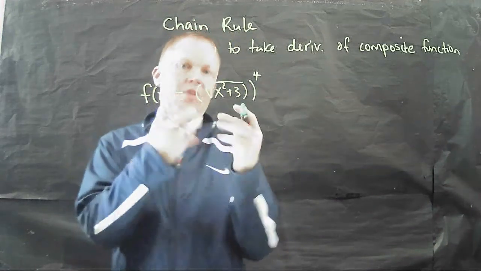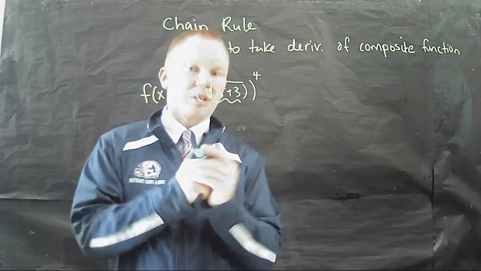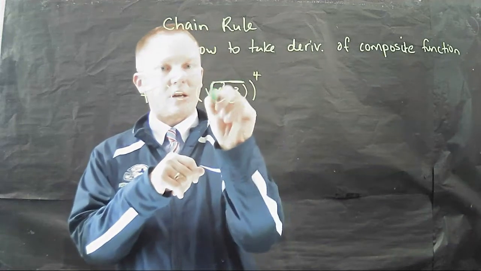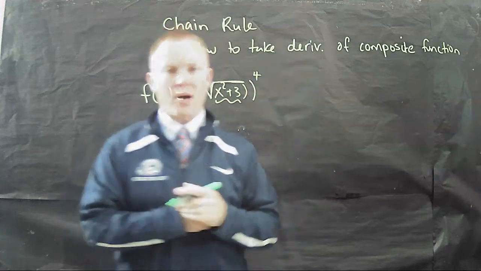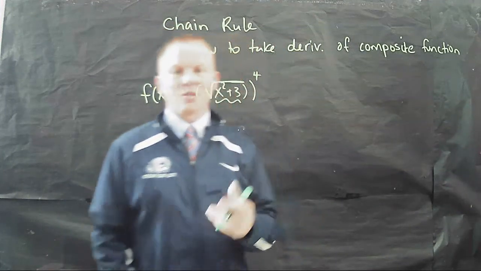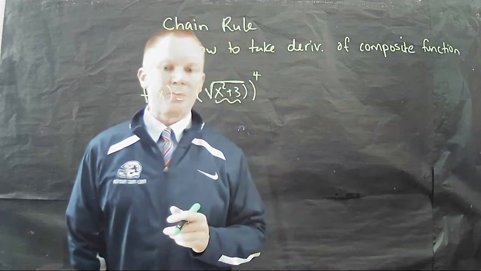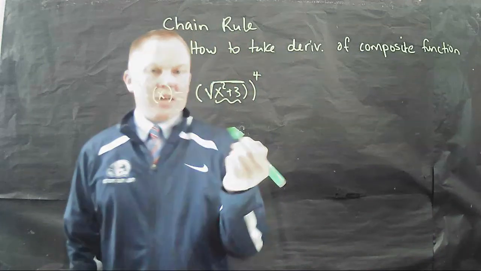In fact, you've got x squared plus 3 inside a square root, and then all of that is inside something to the 4th power. You probably did a lot of these back in the day in your pre-calculus and algebra 2 days.